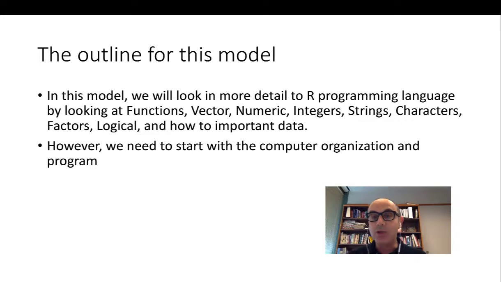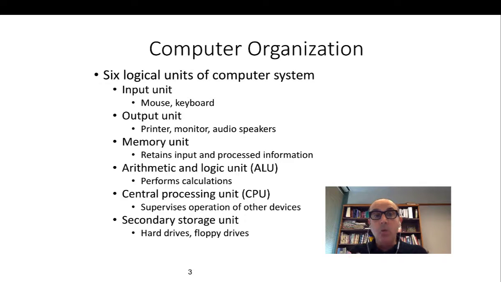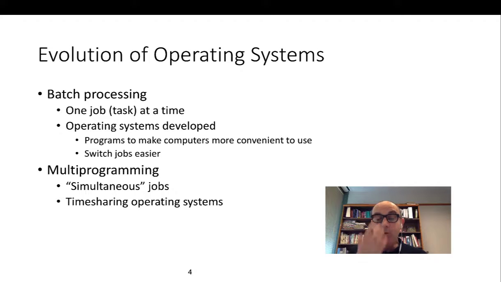However, we need to start by talking about computer organization and structure, which means that every computer has 6 basic structures: input, output, memory, algorithm or logic unit, central processor, and secondary unit, which is usually the floppy drive, the hard drive, etc. One of the things that we need to be very concerned about is the processing task of the operating system.